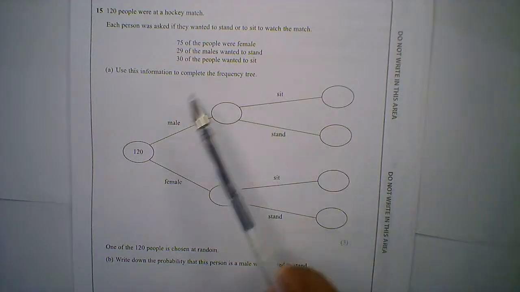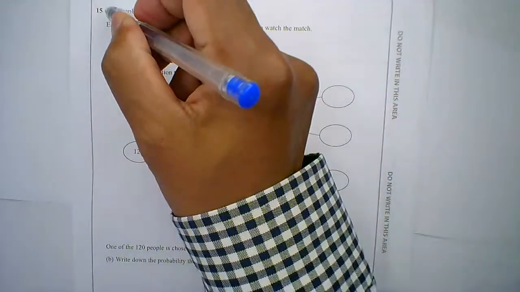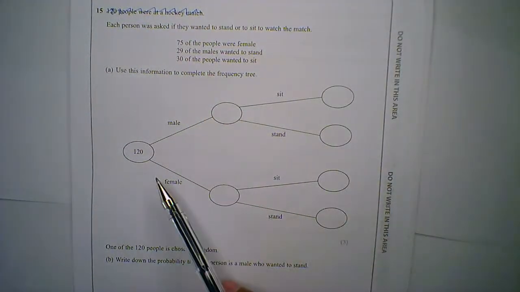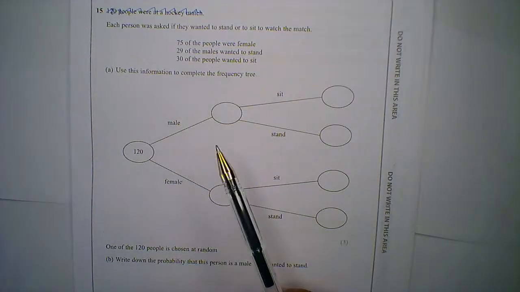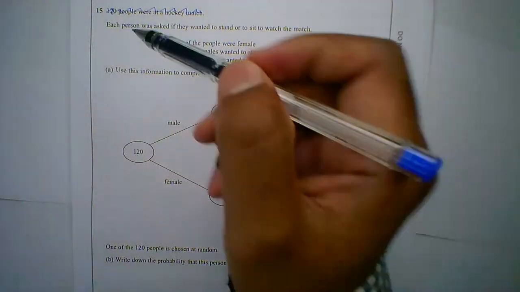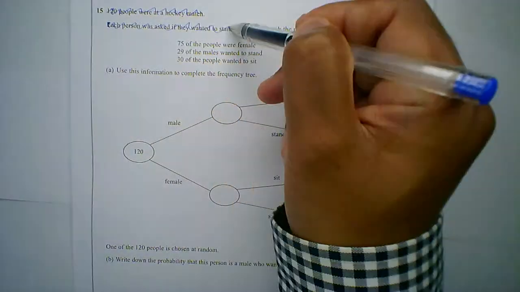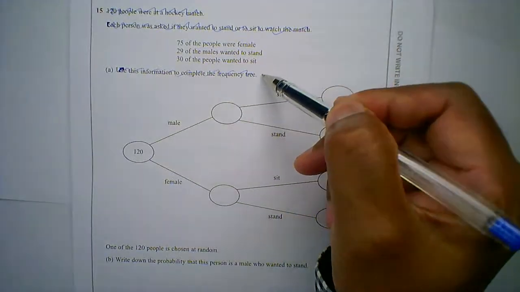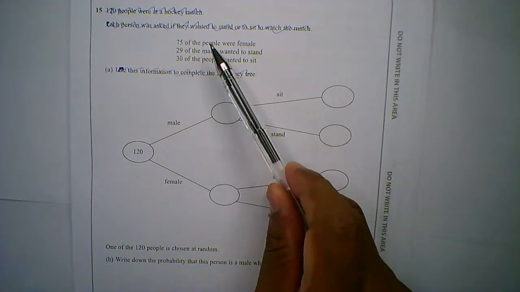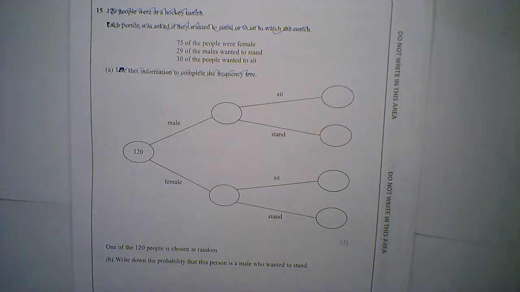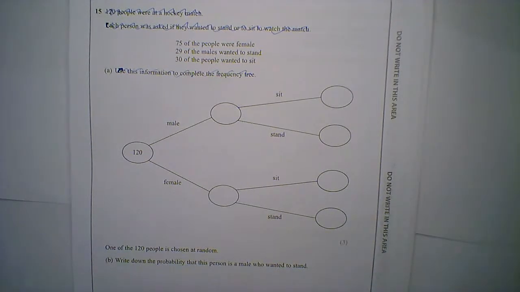If we think about this first sentence, we don't really need it because it tells us what we've got here. Each person was asked if they wanted to sit or stand to watch the match. Again, we don't really need this information. So really, I just have to process these 3 sentences. So it's much simpler to work out, and much easier on the eyes.